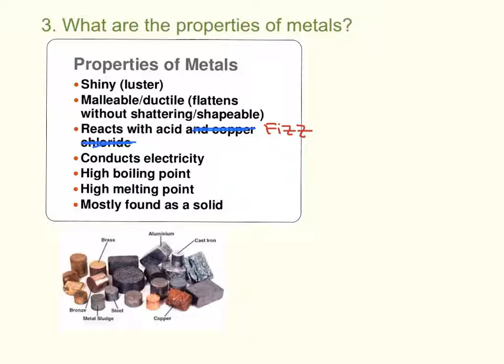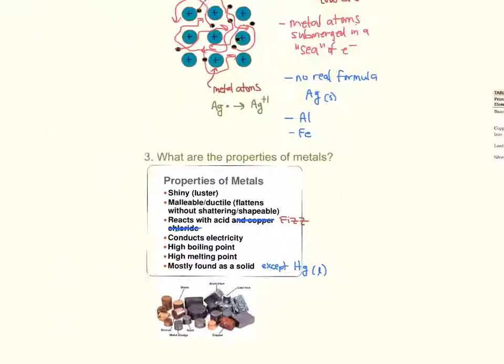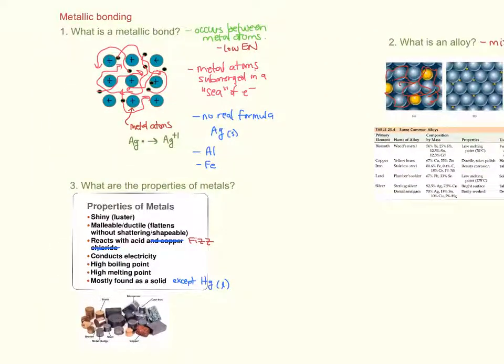You have to heat them really hot before they start to melt, and even hotter before they boil. And then in nature, most are found as a solid, although there is one notable exception, mercury. Mercury is the only one that exists at room temperature in nature as a liquid. All right, that's it. That's everything you need to know about metallic bonding.